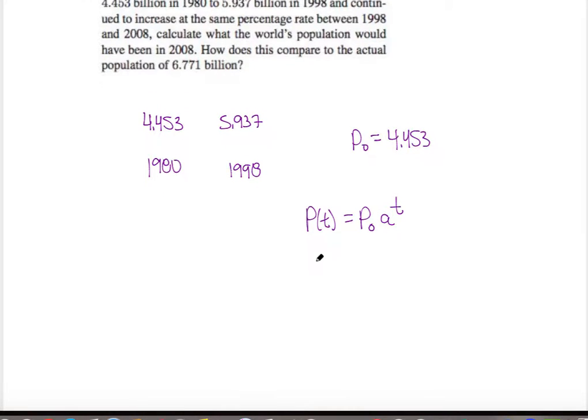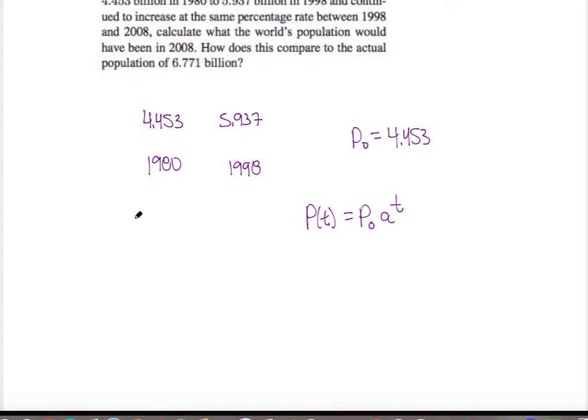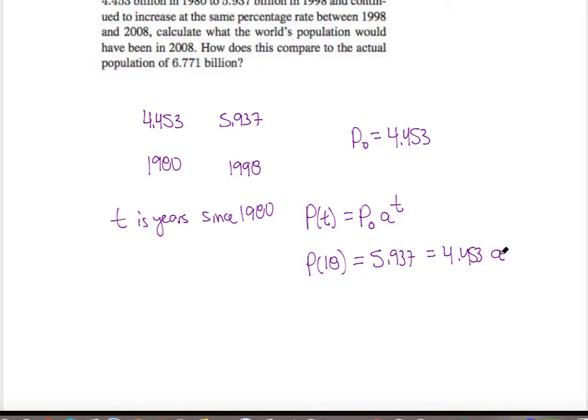We know that we can set t as years since 1980. By doing that, we can say that P in 1998, which is 18 years after 1980, will be equal to 5.937, which is also equal to 4.453 times some factor raised to the 18th power.